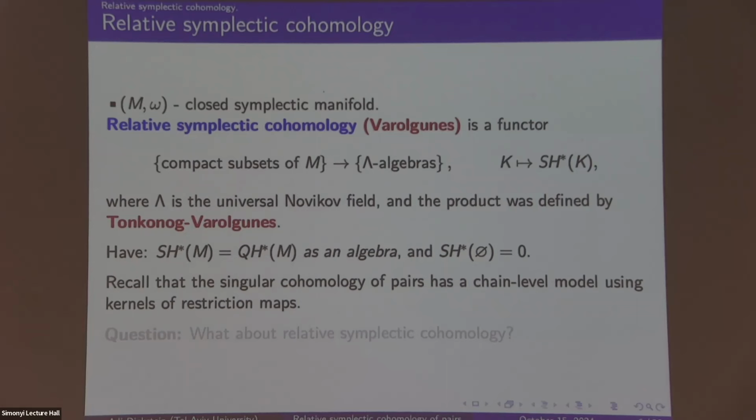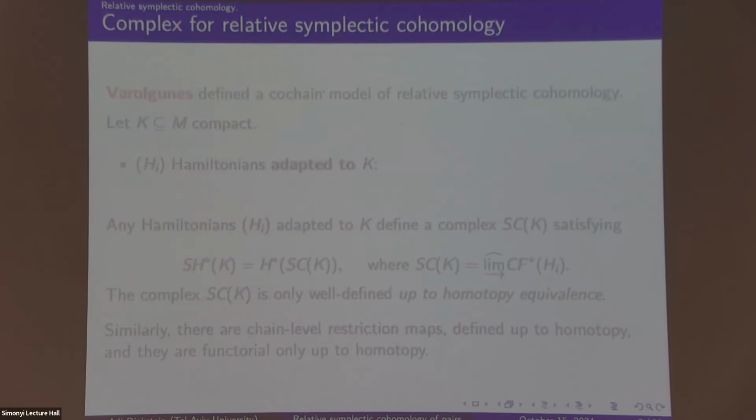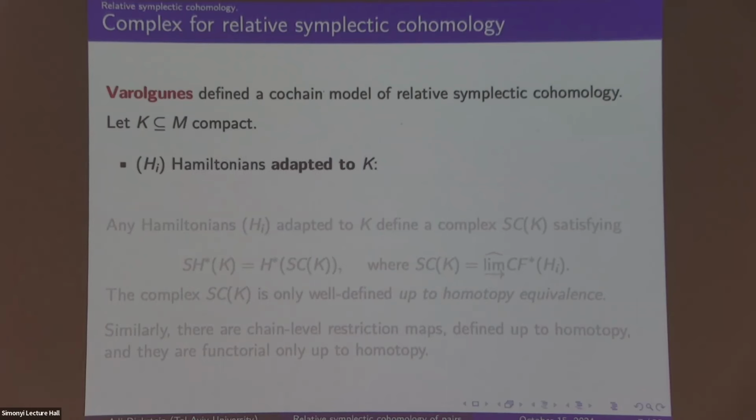Now, if we want to define relative symplectic cohomology of pairs, we need a cochain model. Varolgunes also defined a cochain model. Let me sketch how. It's just a sketch, but the main idea is here. Given a compact subset K, we can take a sequence of monotone Hamiltonians which on our set converge to 0, and outside of K converge to infinity.